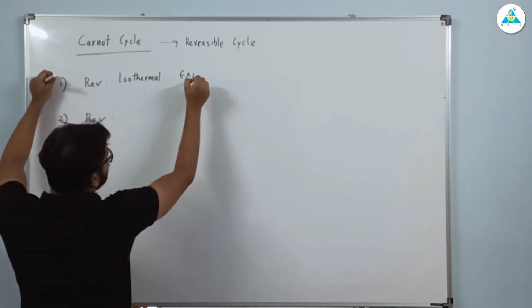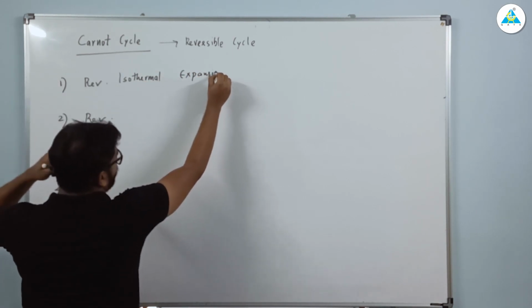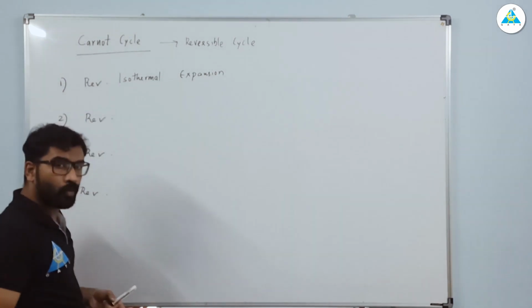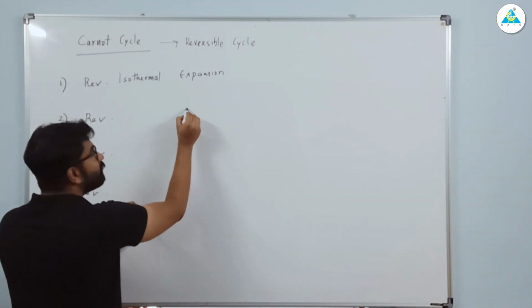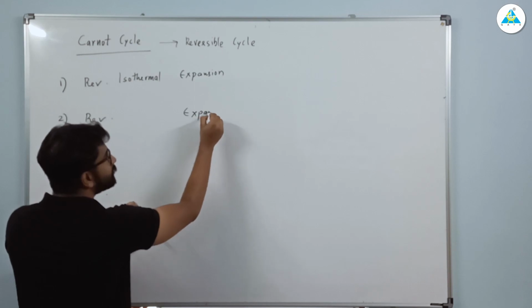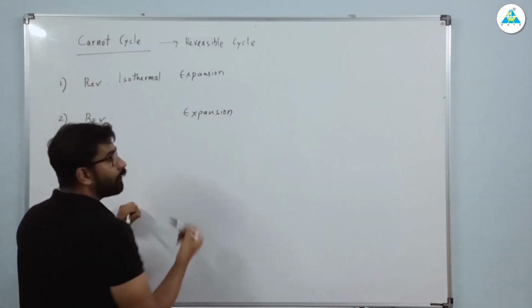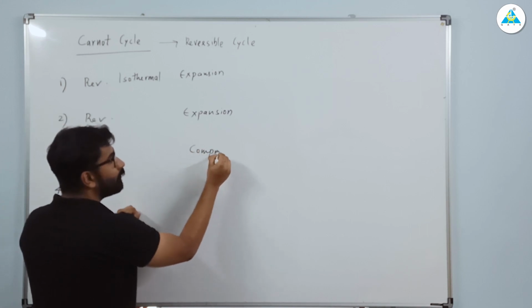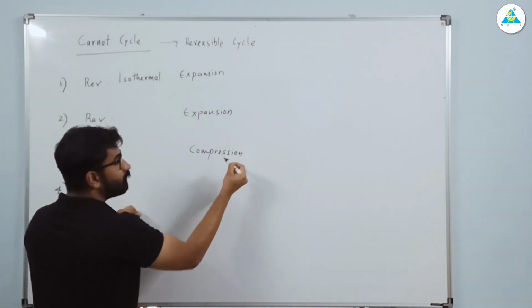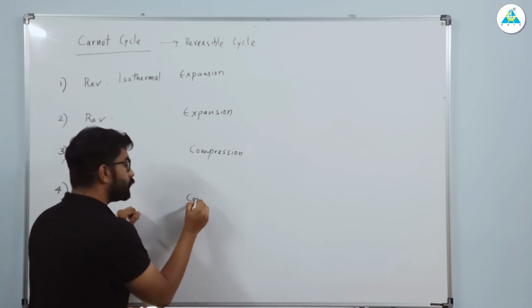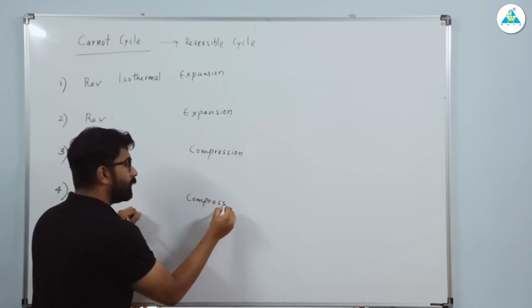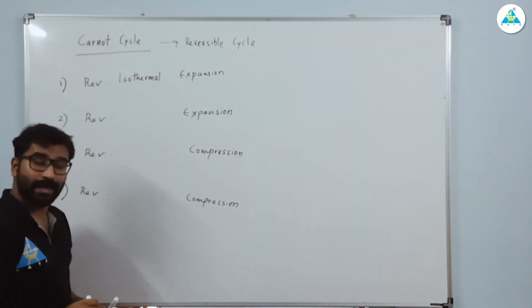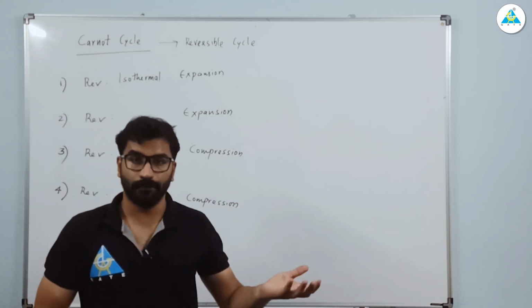Clear? Now my first process is reversible isothermal expansion. If it is a cycle and you have 2 expansion processes, to complete the cycle you need 2 compressions. Because if you expand 2 times, you have to compress 2 times. Then only you will get back to the initial state, because it is a cycle.